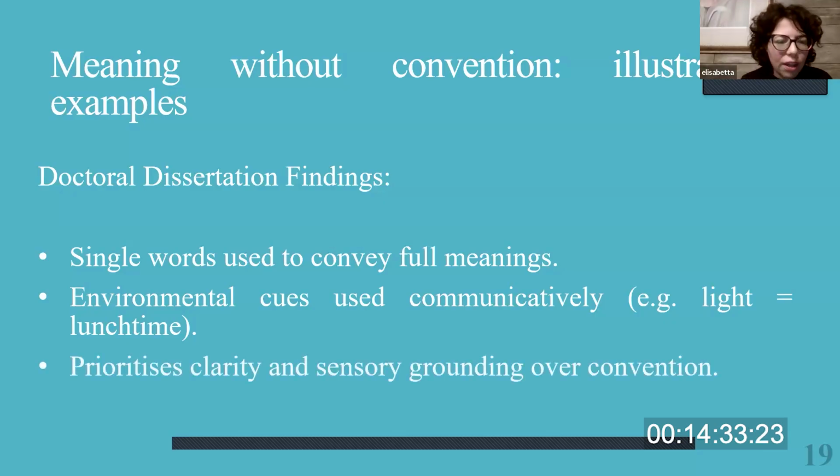So what I noticed was the tendency to prioritize clarity and sensory grounding over convention. But what I explained in my doctoral dissertation is that even though language or communication is less conventional, this doesn't mean that the language is less effective. It's just a different style, a different way to communicate.